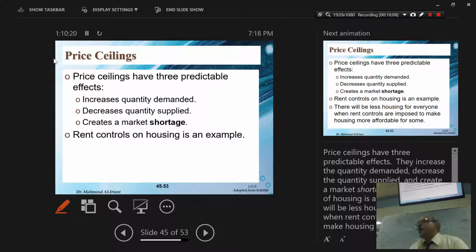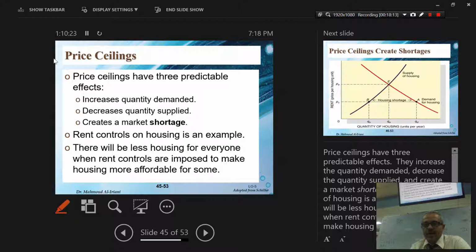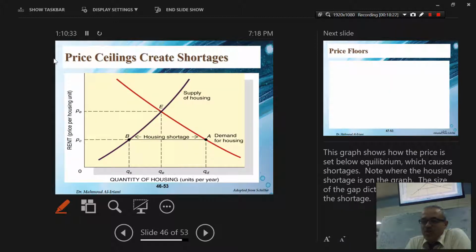Rent controls on housing, that's the example. Okay? And there will be less housing for everyone when rent controls are imposed to make housing more affordable for some.